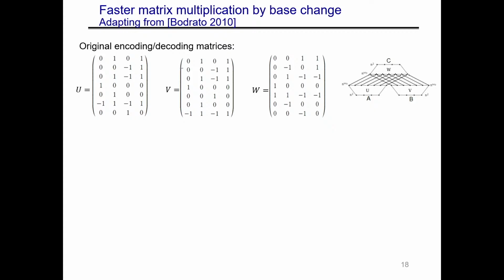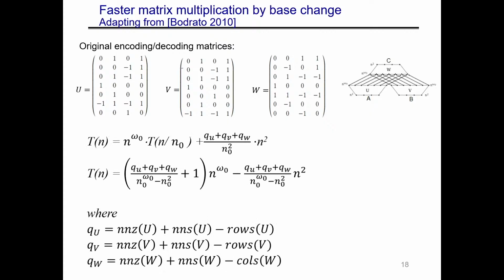Let me go just a little bit deeper. So here are 3 matrices that represent a 2 by 2 by 2, fast matrix multiplication algorithm using 7 multiplications. What is the leading coefficient that results here? It depends on the number of linear operations of each of them.